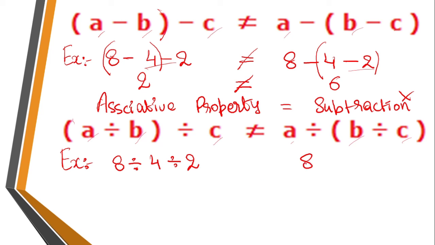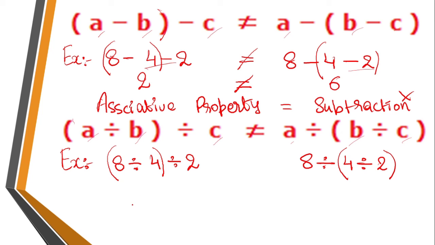And again we will do 8 divided by 4 divided by 2. Now here we will group 8 divided by 4 because we will do 8 divided by 4 and divided by 2. And here we will do 4 divided by 2 and then divided by 8. So first we will do 8 divided by 4 here.